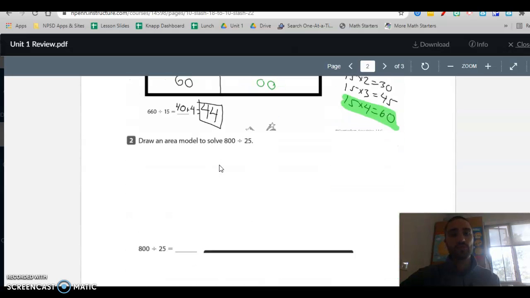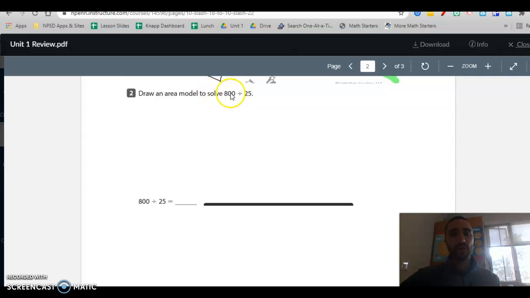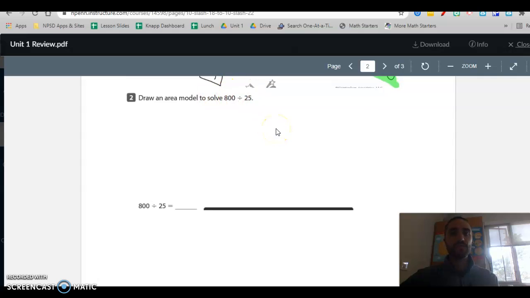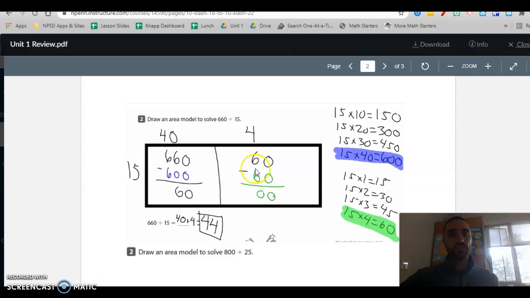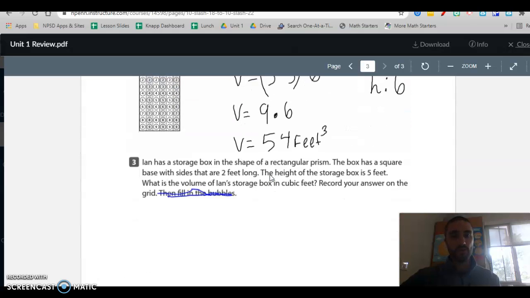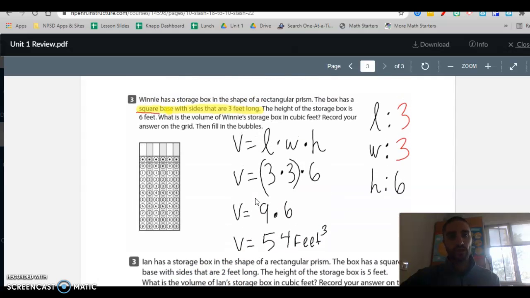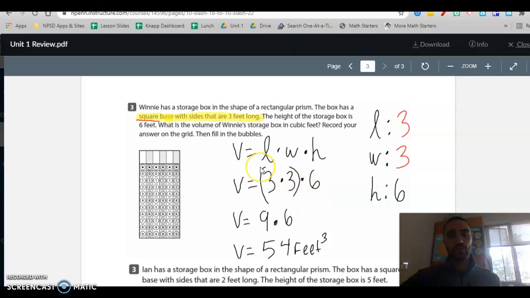So on page 2, we have a division problem down here. If they get stuck, they can scroll up and see how I solved a similar problem. And then for page 3, they're doing this one here. If they get stuck, they get to scroll up and look at my work for a similar problem.